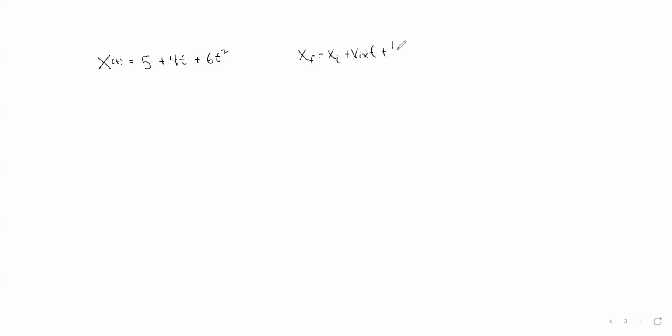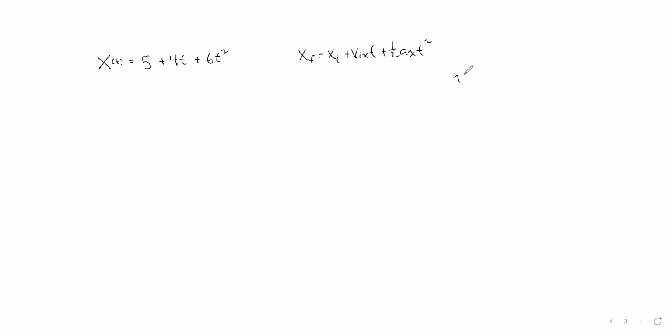And I'll write down the general expression for the position formula here. It looks like 5 is the initial position, and 4 is the initial velocity, and 6 is half the acceleration. So the acceleration in the x direction is actually 12 meters per second squared.